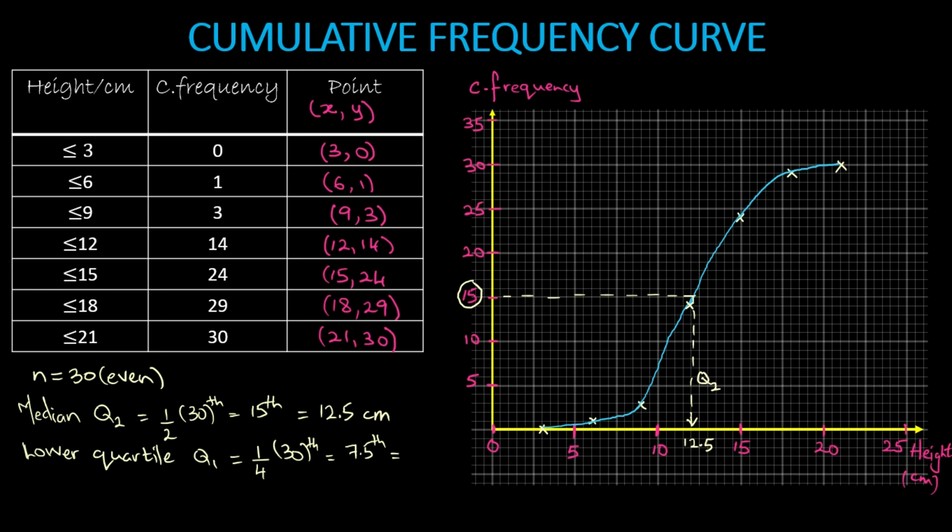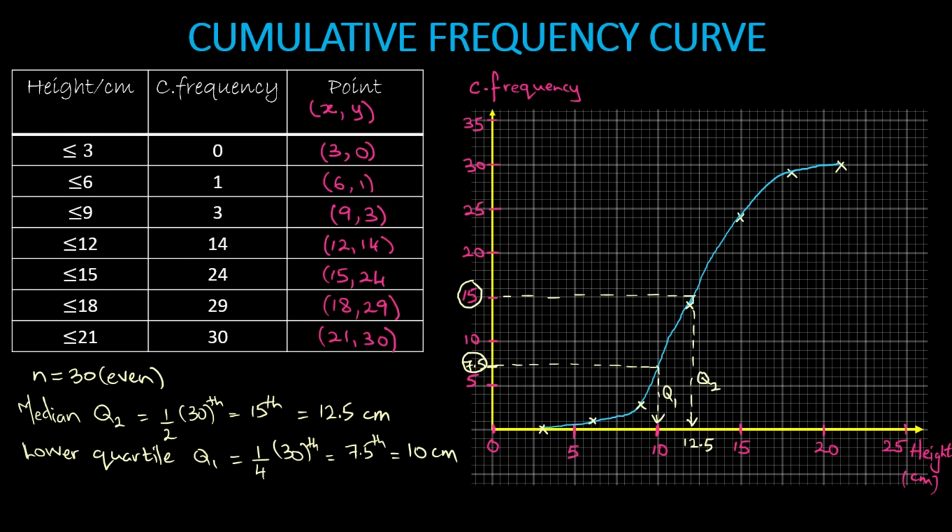Where is 7.5 on our graph? 7.5, the rank. Here we are, 7.5, approximately here. So we draw a horizontal line, and from there we go down on the horizontal axis. So this is going to give the lower quartile Q1 as simply 10 centimeters.